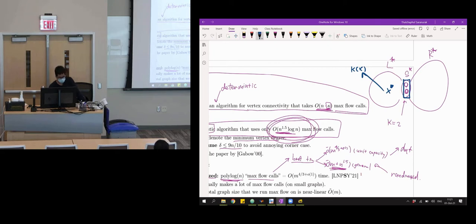So as long as we choose kappa plus 1 nodes, one of them must be outside S star. Just compute kappa of x for each of this set of size kappa plus 1, and one of them will be good for you. But we should guess kappa.